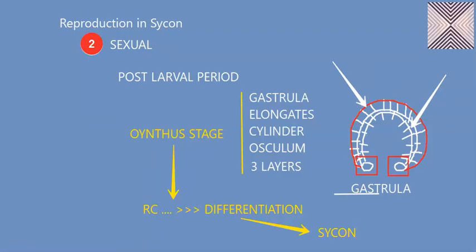This is long enough, but if you go by this cycle very systematically, there is no problem in this life cycle. If I recall the whole life cycle, it starts with spermatogenesis, oogenesis, then we had the fertilization, it makes a zygote inside the mesoglia, then the development starts. The very first period is the early embryonic period.